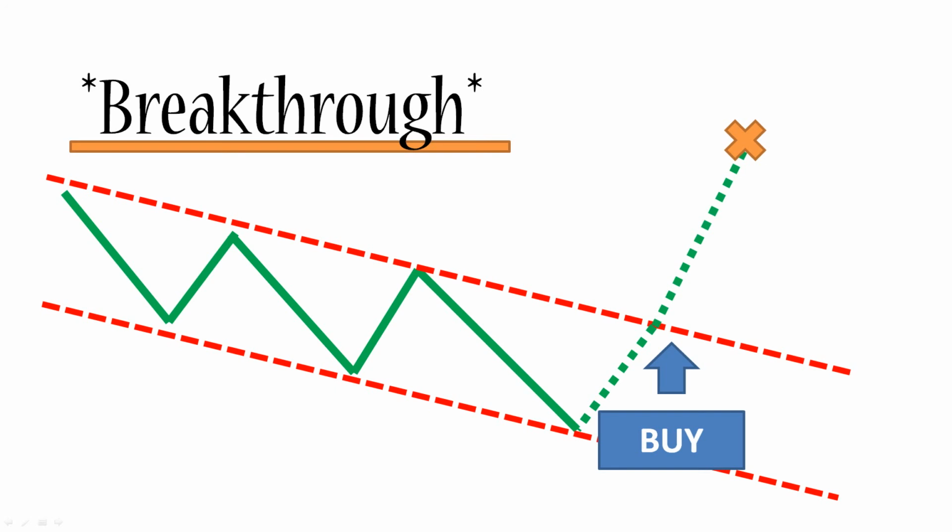When a channel is quite new, there's more chance that the price will stay inside. When the channel has been around for a while, the chances of the price breaking out are constantly growing. Both strategies are valid. It depends on the situation and what your other technical analysis tells you.